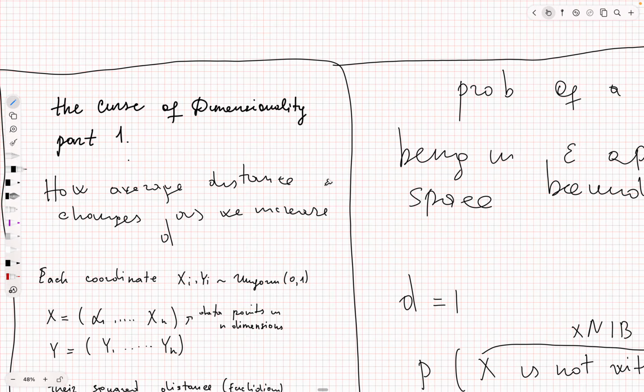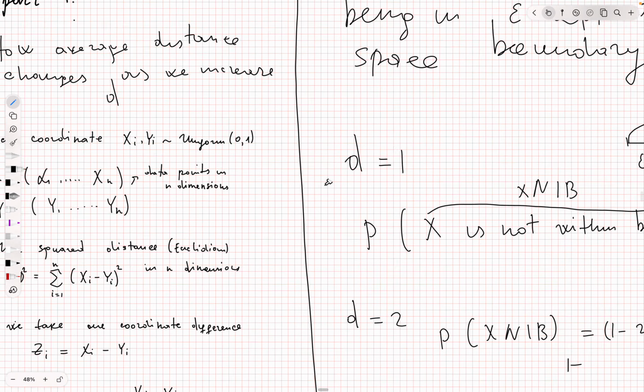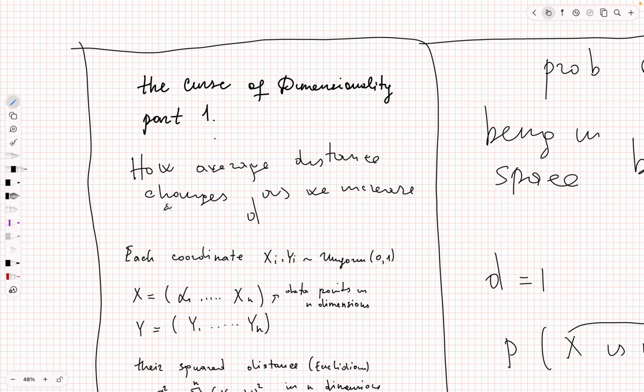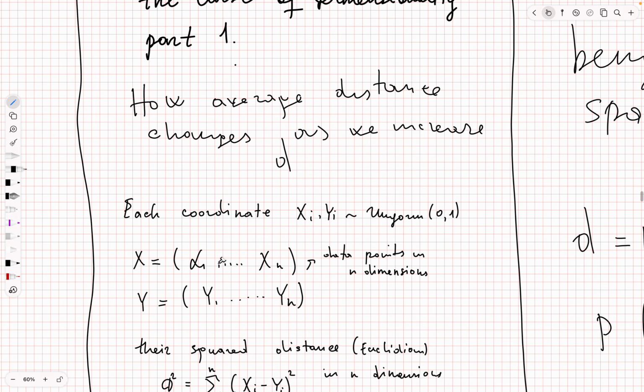Another thing that we can analyze is the average distance between the points and how it relates to the number of dimensions they have. And again, we start with 2 random variables that are uniform on the interval between 0 and 1, and x is defined like this and y is defined like this.